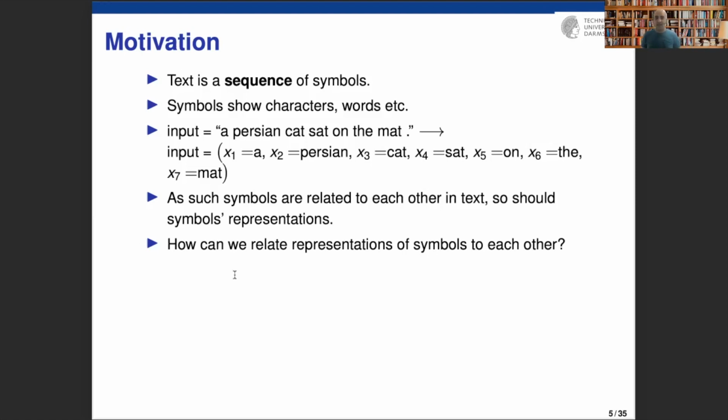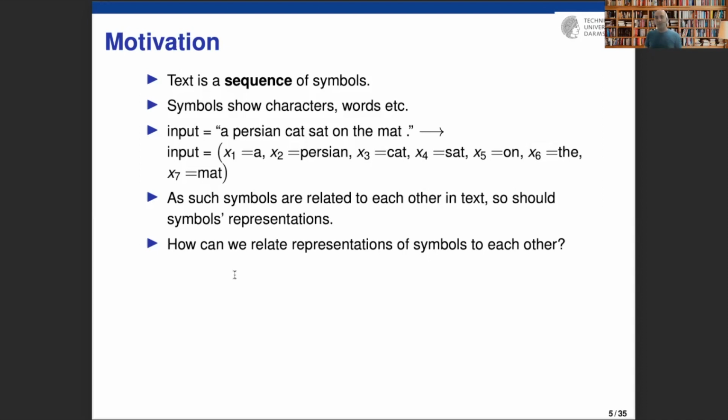As such symbols are related to each other in text, so should the symbol representations be, right? We know that in "Persian cat", Persian is the adjective for the cat. So when we read "a Persian cat", as a reader we understand that we are not talking about any sort of cat, and we are specifically talking about the Persian type of cats.